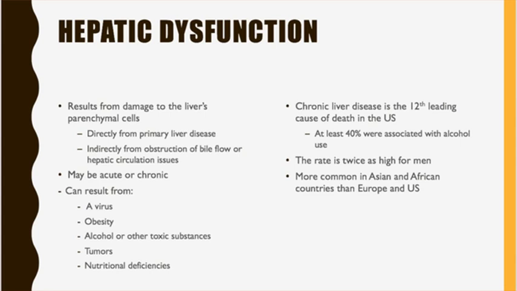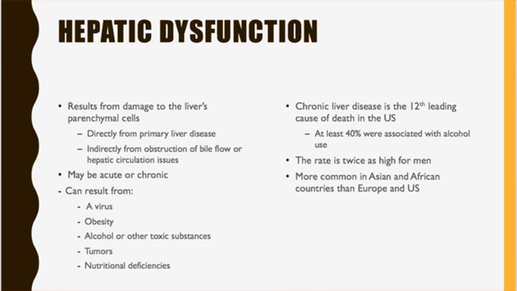So there's two different things. The damage can be direct or indirect. Direct would be from primary liver disease, or if it's indirect dysfunction, it comes from obstruction of the bile flow, or a hepatic circulation issue. Liver dysfunction can be acute or chronic, with chronic being way more common, and can result from a couple different things: viruses, obesity, alcohol or other toxins, tumors, and nutritional deficiencies.